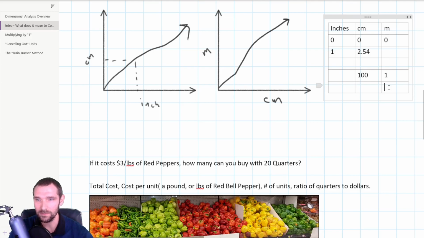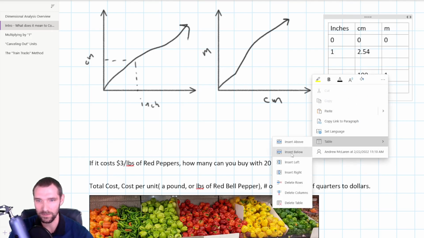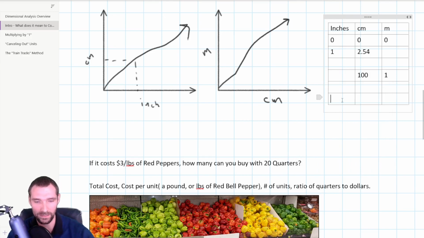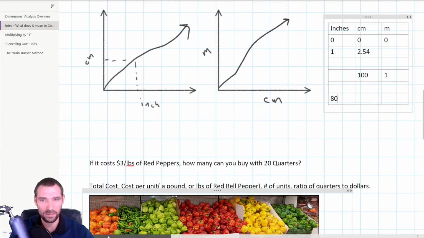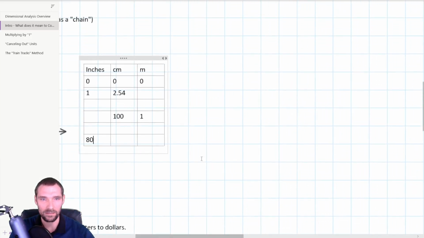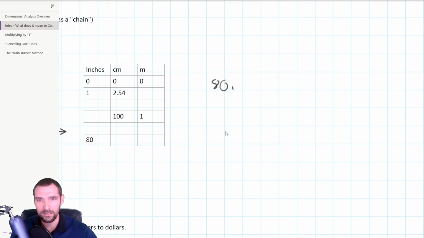Now, if we were to plug in these numbers and make this table really big, we can say, okay, now I've got 80 inches. How many centimeters is that? And I can convert that into meters. So if I have my 80 inches, I can multiply that by the conversion factor and get that into centimeters. You can think about this as we said earlier, like canceling out the units.